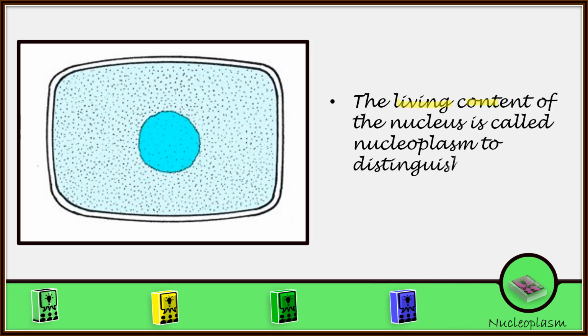The living content of the nucleus is called nucleoplasm, to distinguish it from the cytoplasm. So inside the nucleus, that living content is what we call the nucleoplasm.